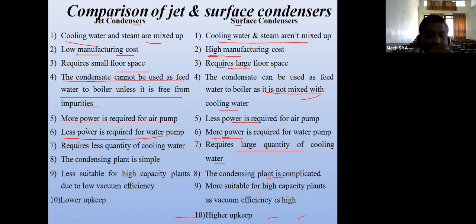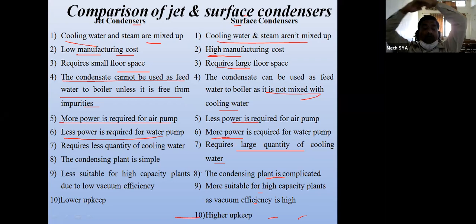In a jet condenser, because there is direct contact, air enters along with the exhaust steam and the cooling water, and therefore more power is required for the air pump to maintain the vacuum inside the condenser. In a surface condenser, less power is required for the air pump.